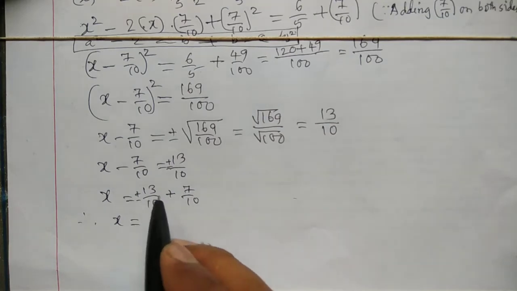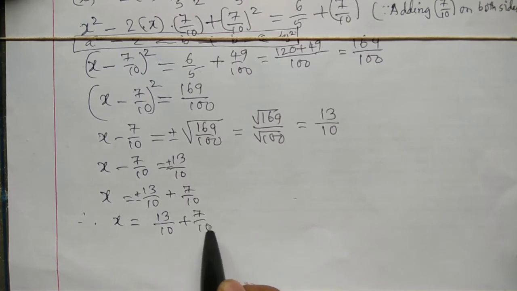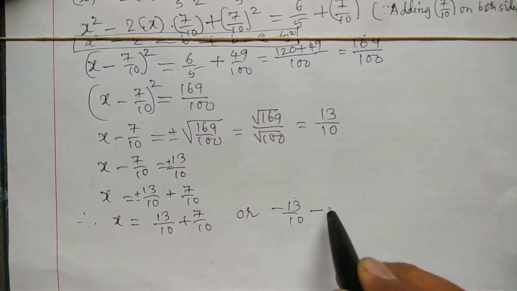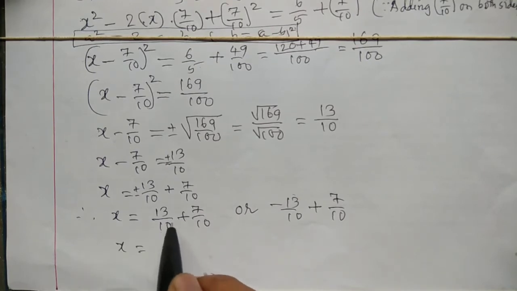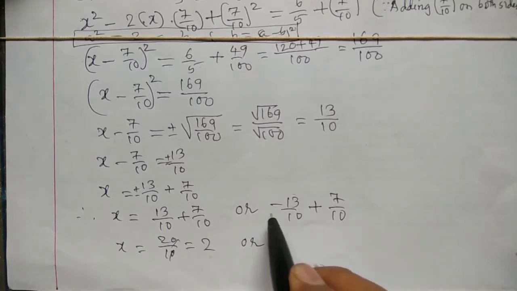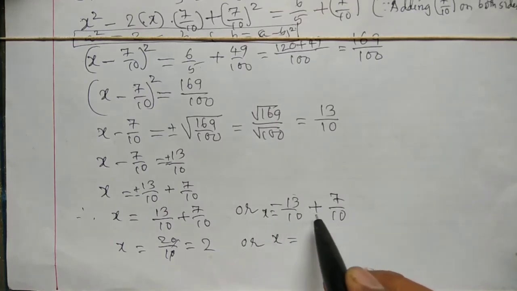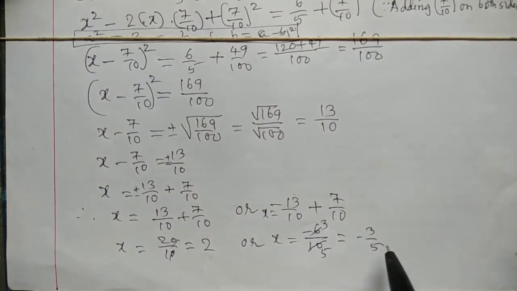Therefore x is equal to, one time plus 13 by 10 plus 7 by 10, or minus 13 by 10 plus 7 by 10. x is equal to 20 by 10, the 0 gets cancelled, 2, or x is equal to minus 13 plus 7, minus 6 by 10, 2 3s are 6, 2 5s are 10, minus 3 by 5.